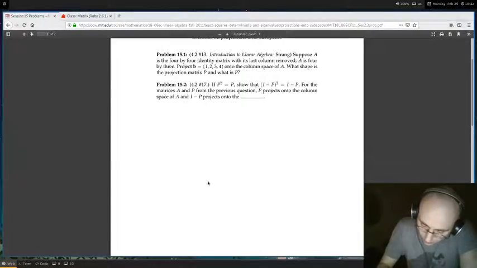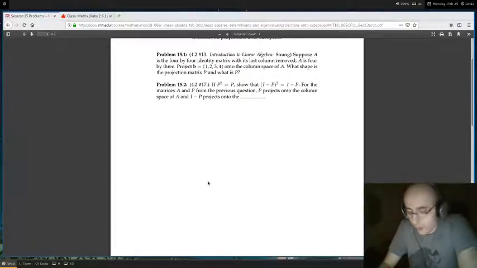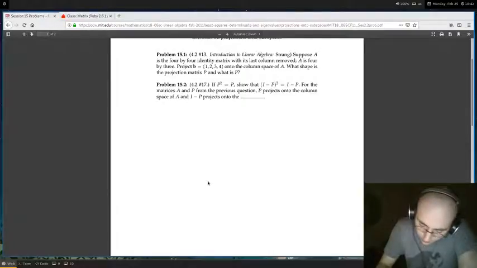Okay. I minus P times I minus P, and we know that this is distributive, so we can write identity times identity minus P, minus identity minus P times P, which is identity minus P minus identity times P plus P squared.